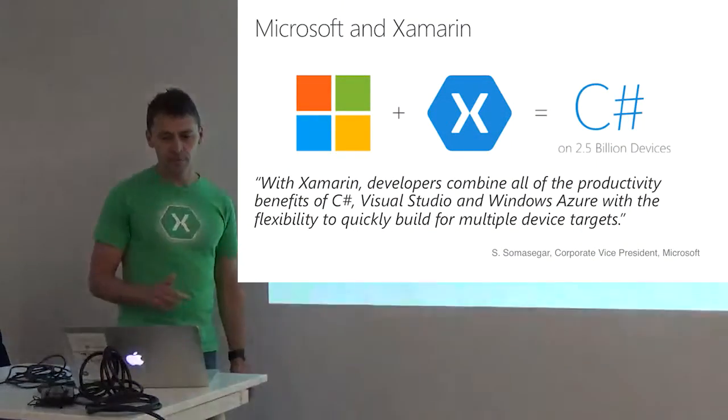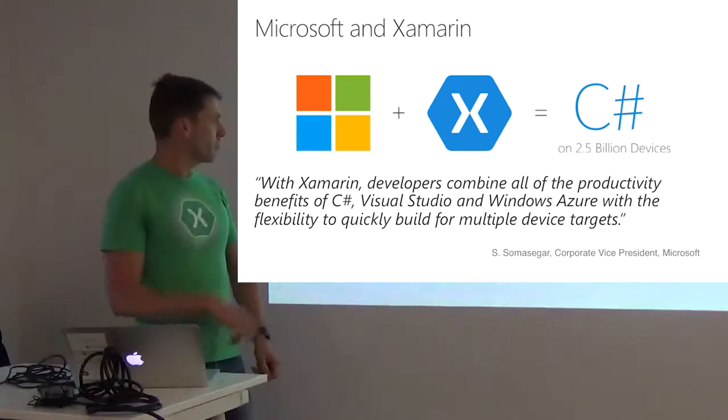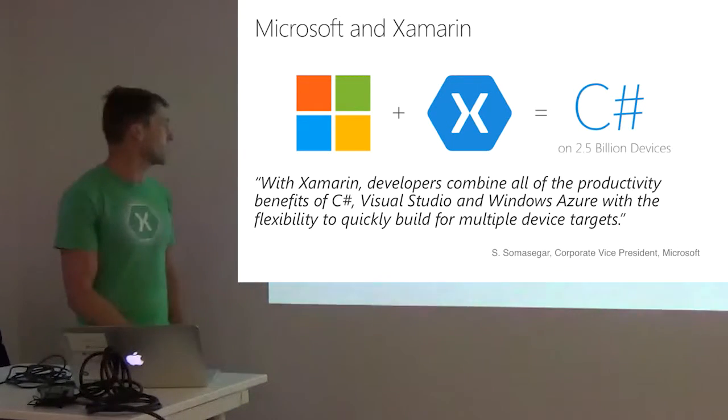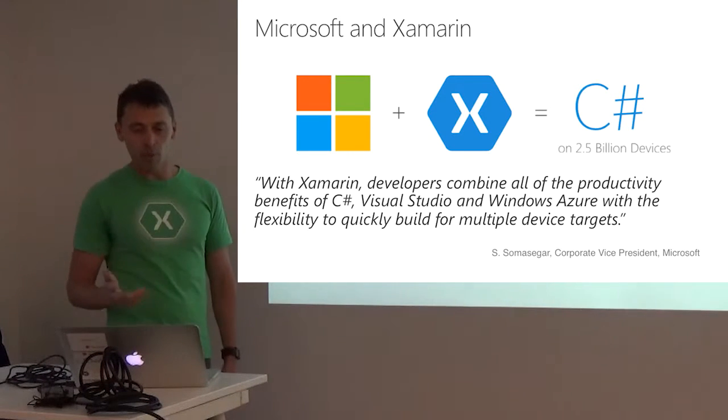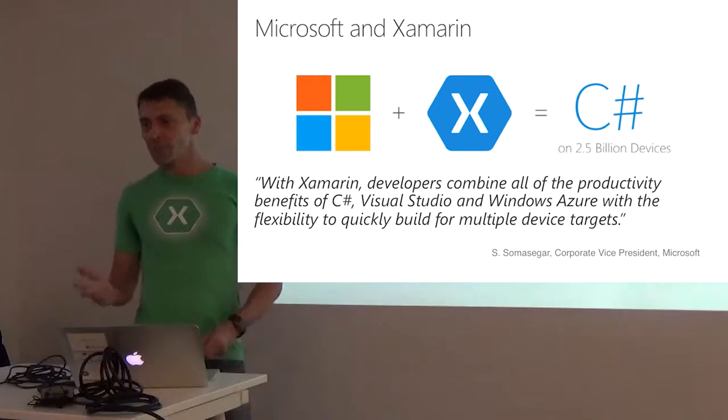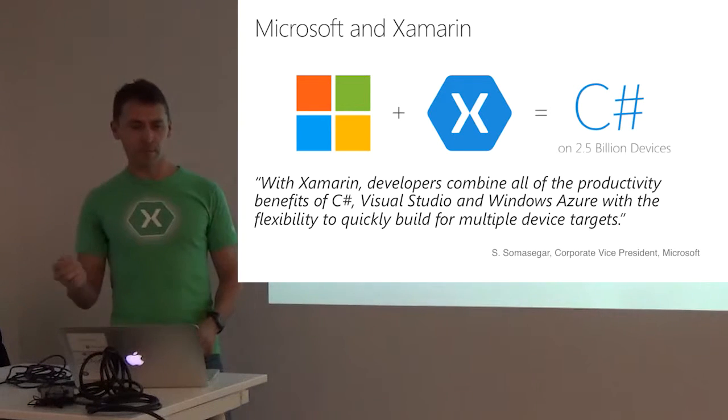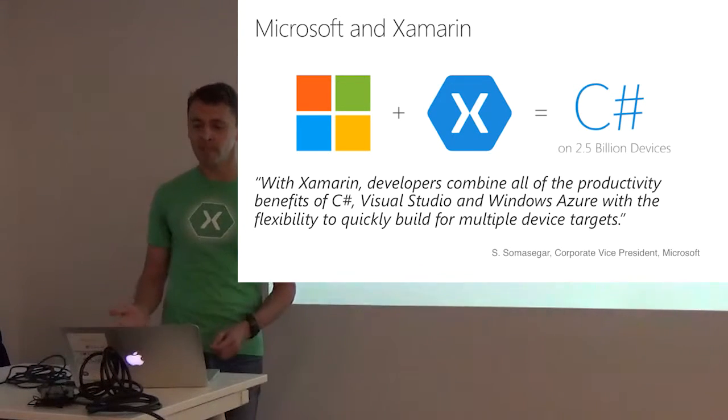So to quote Summer, with Xamarin, developers combine the productivity benefits of C# to target multiple mobile devices. So to quote that guy from that razor company, they liked it so much, they bought the company.